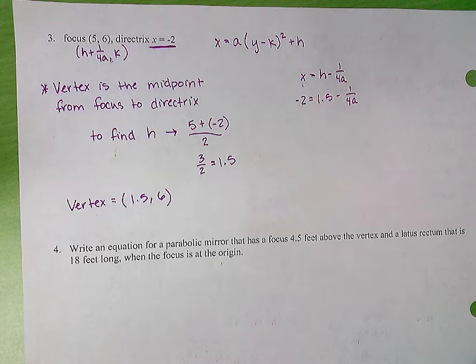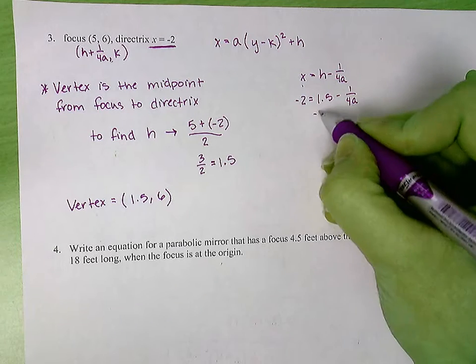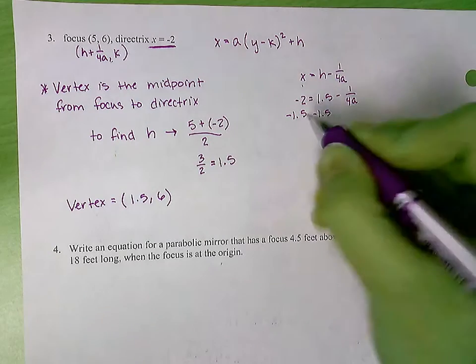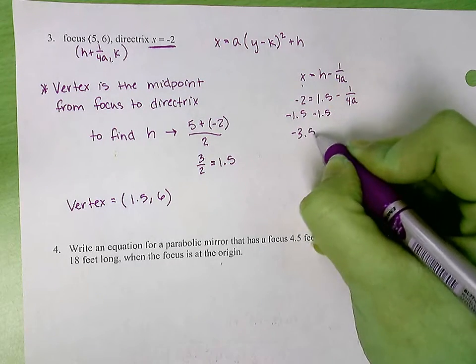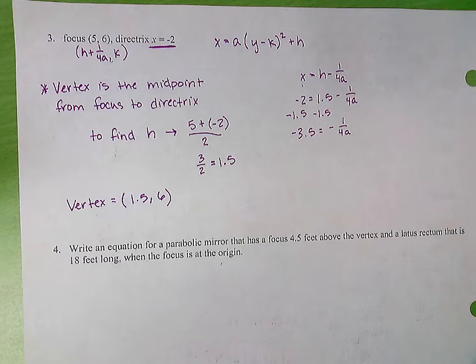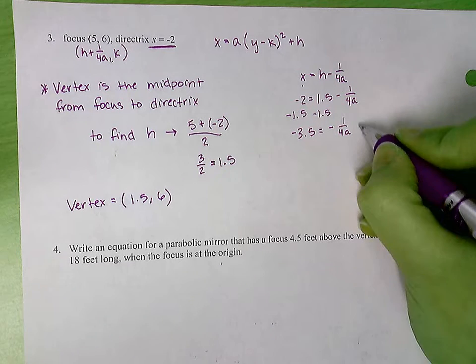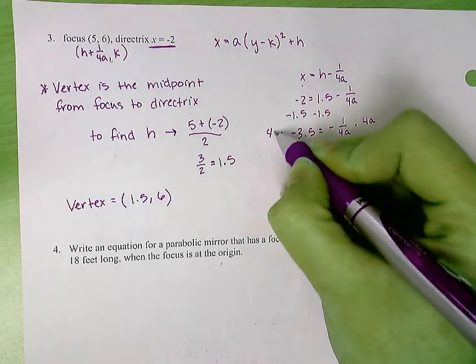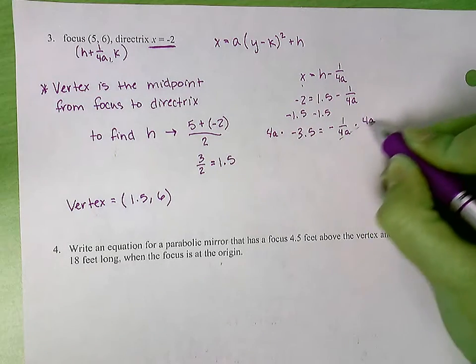Okay, now we want to solve for a. So subtract 1.5. So we have -3.5 equals -1 over 4a. Then multiply both sides by 4a so that we can cancel them right here.